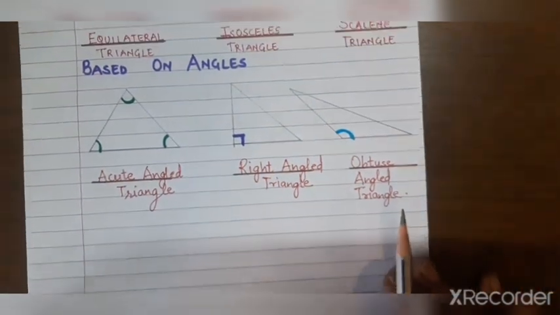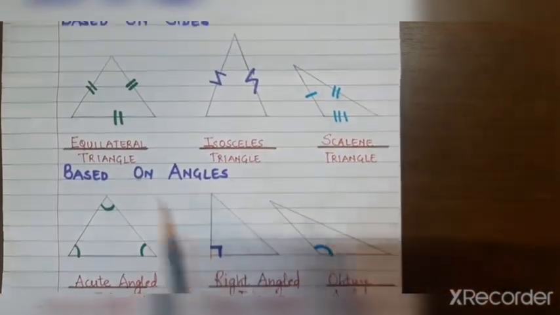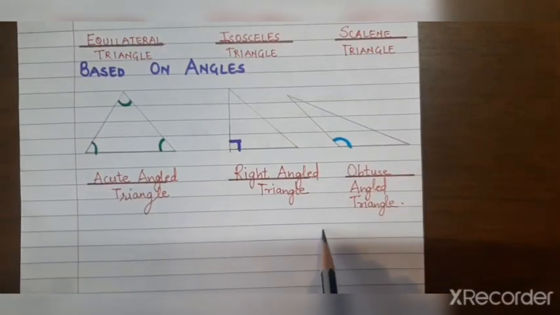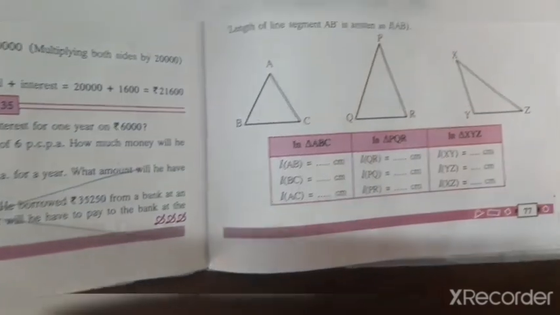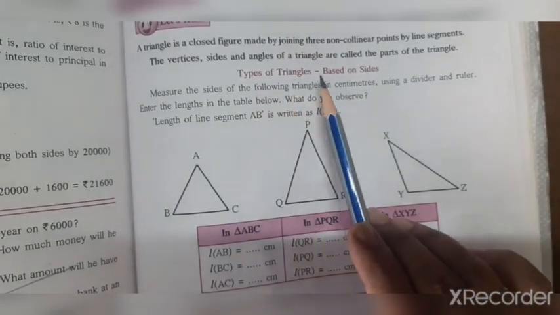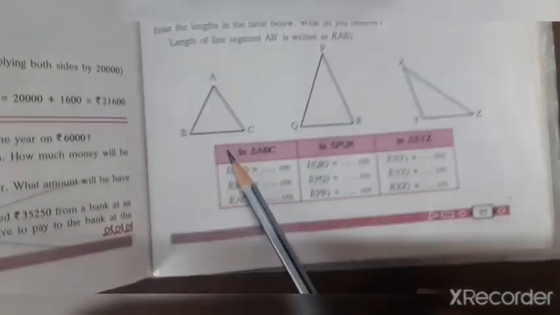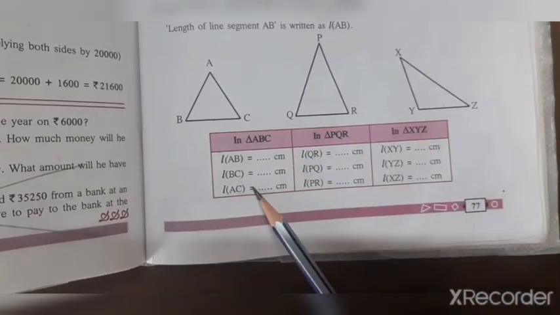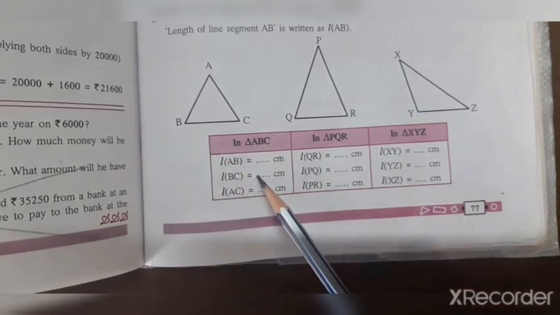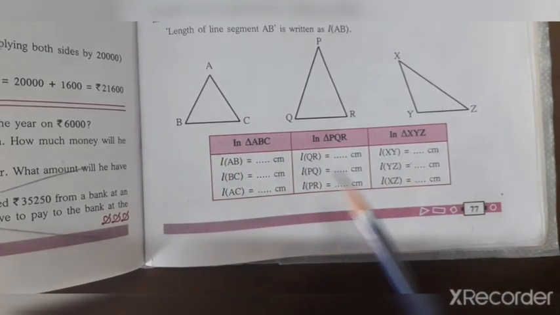So in this way, we have studied the 6 types, 3 types based on sides and 3 types based on angles. In your textbook on page number 77, in the types of triangles based on sides, they have given 3 triangles and asked us to find the length. You can take a scale and find the length, whichever length is asked.